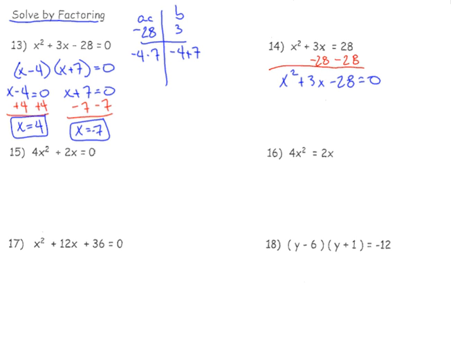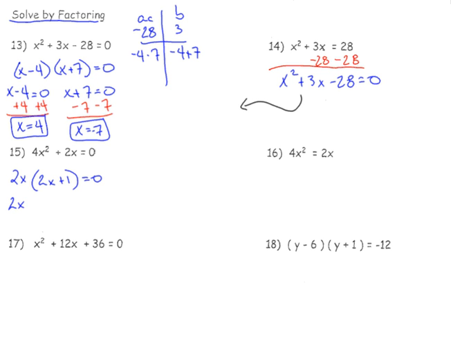It is now the exact same problem as problem number 13. Problem number 15. I first take out my GCF. My GCF is 2x, which leaves me with 2x times 2x plus 1 equals 0.